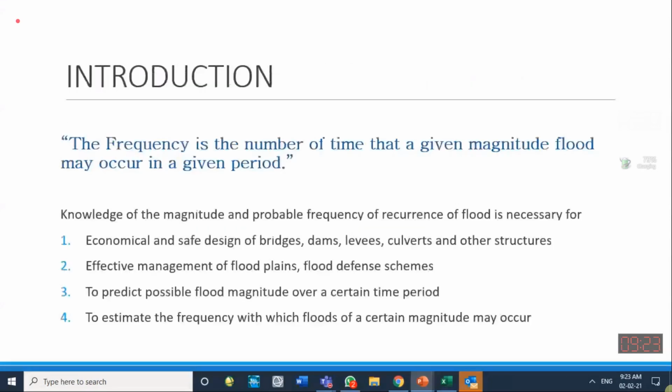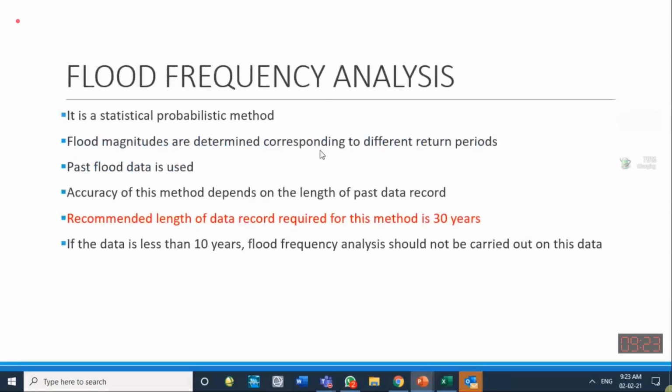Going step by step, what is flood frequency analysis? It is a statistical method. What we need for this purpose is past flood data. Although it is stated very simply, keep in mind that hydrologists still make mistakes: sometimes they have flow data averaged every day, or every 10 days, or on a monthly basis, and they consider this the flood value.